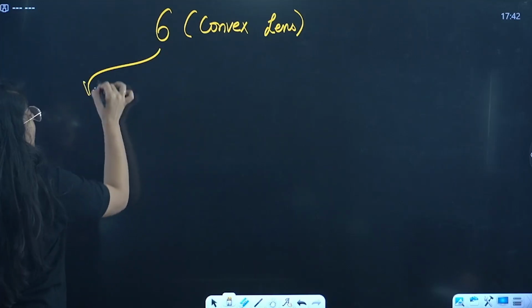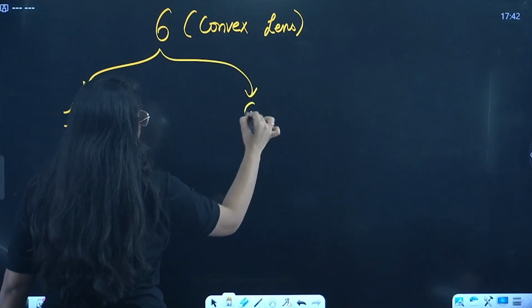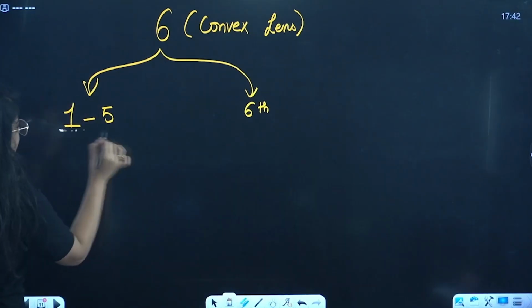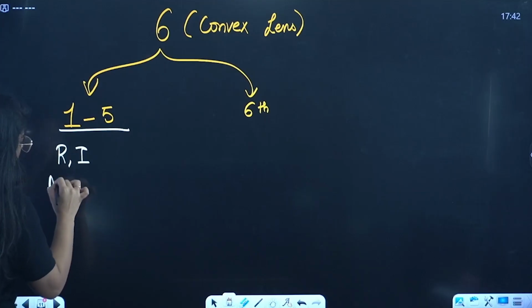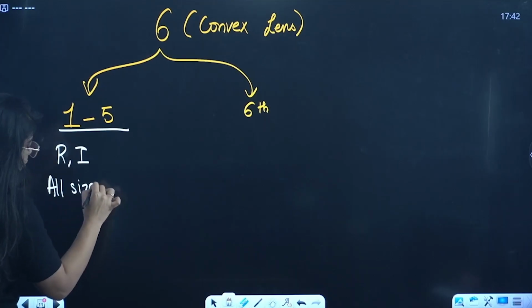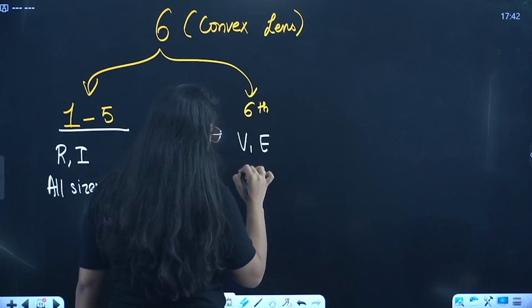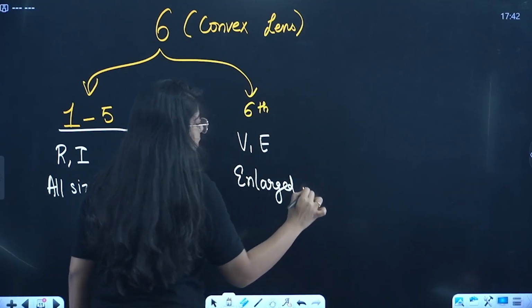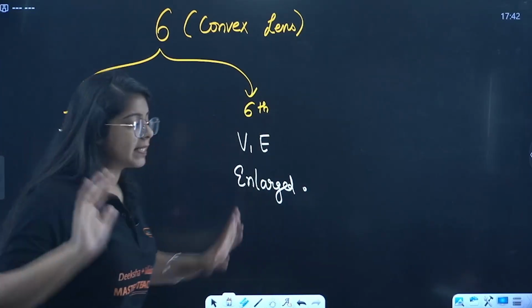Now again similar to concave mirror, first 5 cases and a 6th stupid case. Now beta, in the first 5 cases we have real and inverted image. We have all sizes of image done, and in this 6th case we have virtual and erect image, and it is always enlarged. Done. These are the 6 cases of convex lens.